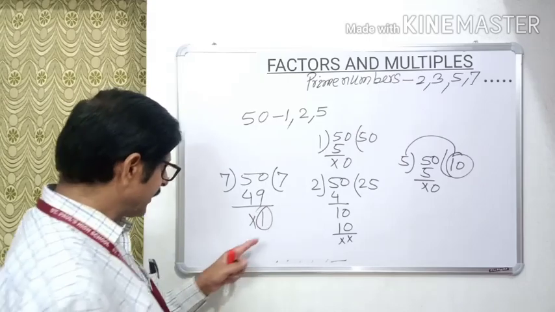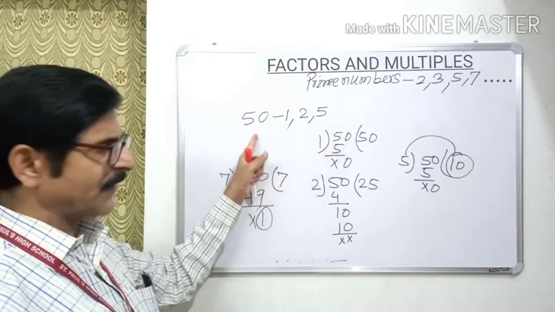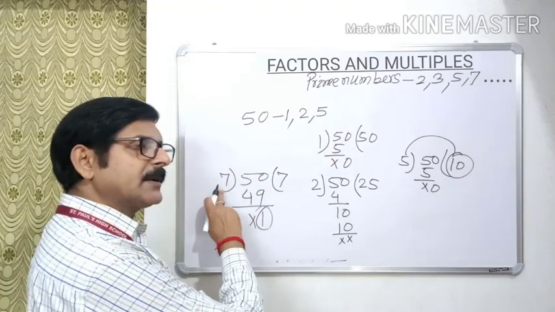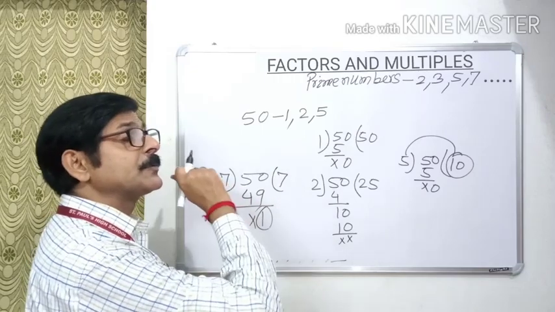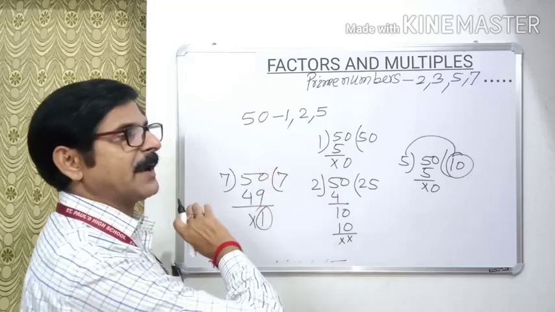See, though the remainder is there, we will not consider 7 as a factor of 50, okay, but the quotient is equal to the divisor.